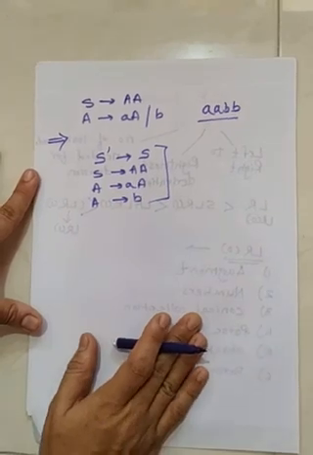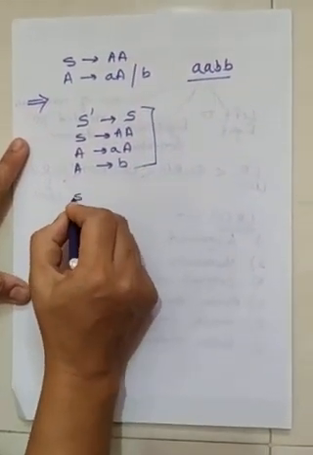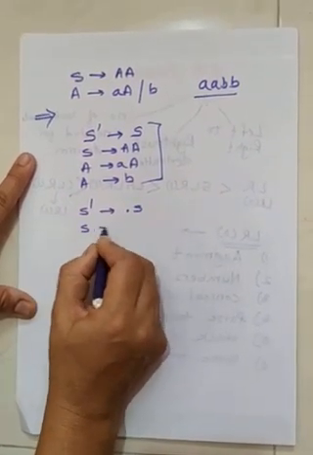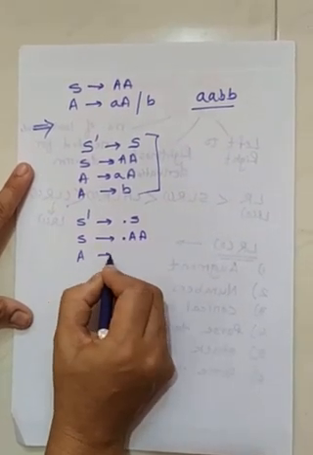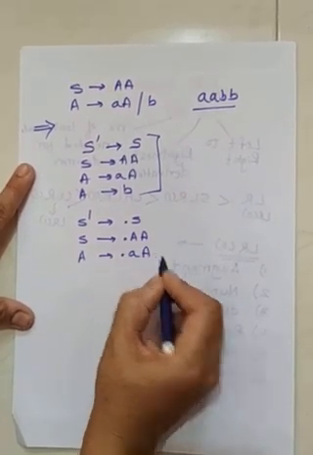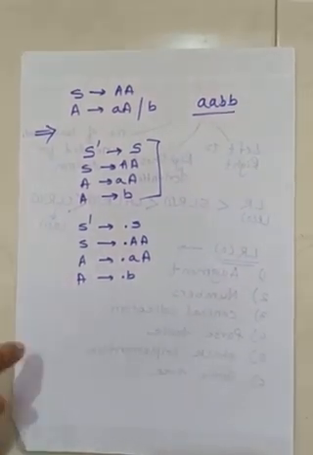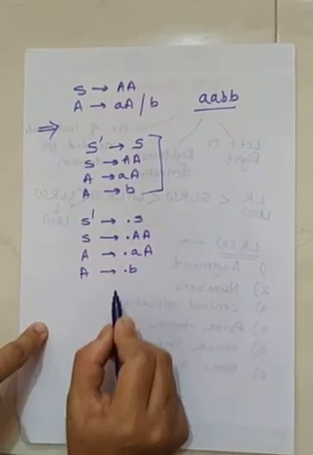Now I write this grammar as S dash producing dot S, S producing dot AA, A producing dot aA and A producing dot b. So simply I put a dot at the beginning of each production rule.